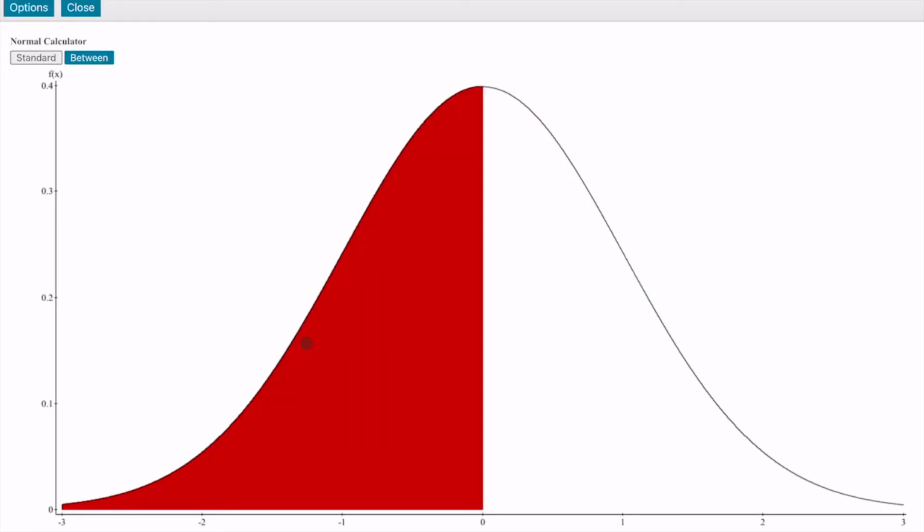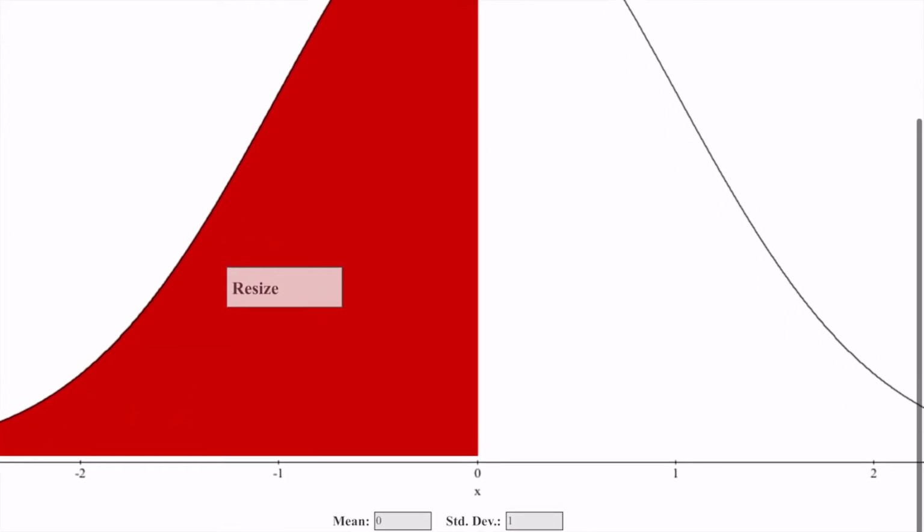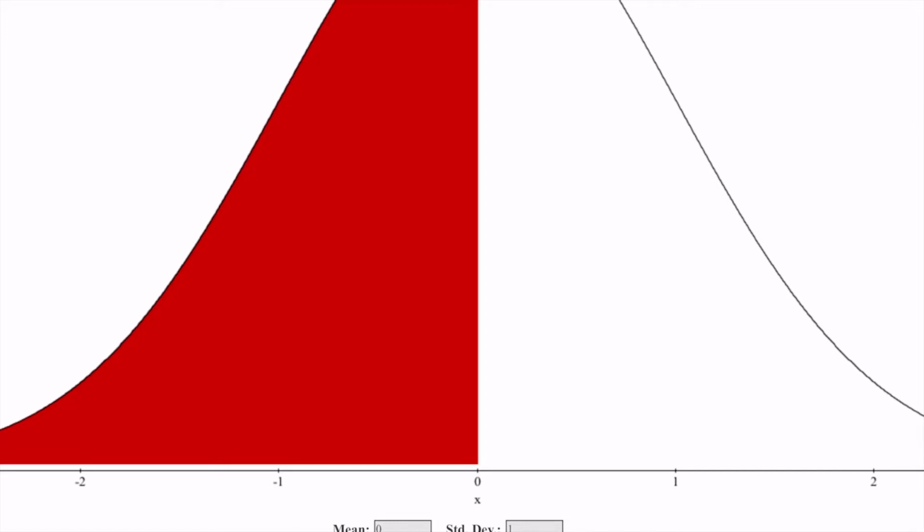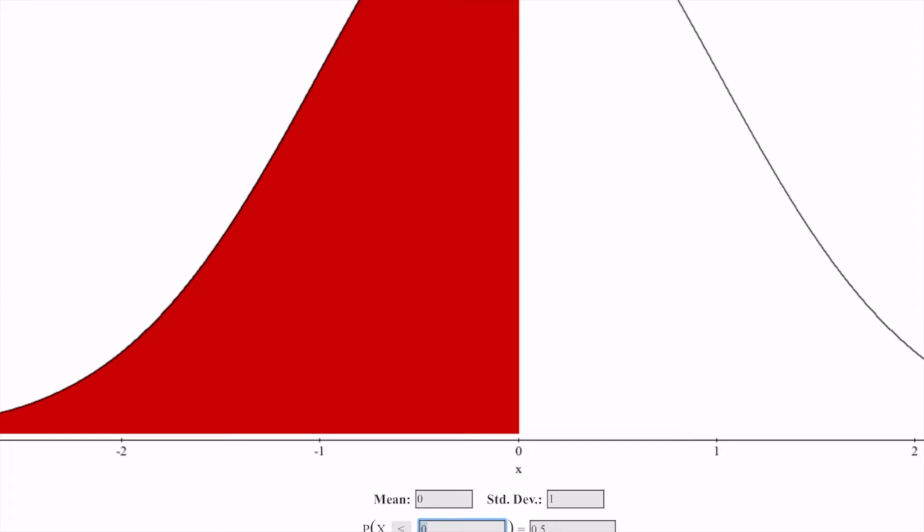And let's say we wanted to find the critical z-score for the 90% confidence interval. So what we're going to do is, since it's a z-score, the mean is 0, the standard deviation is 1, okay? But what we don't know is the actual z-score, right?